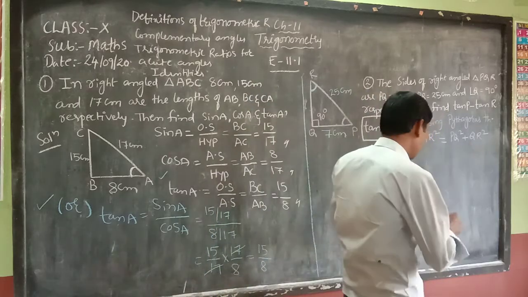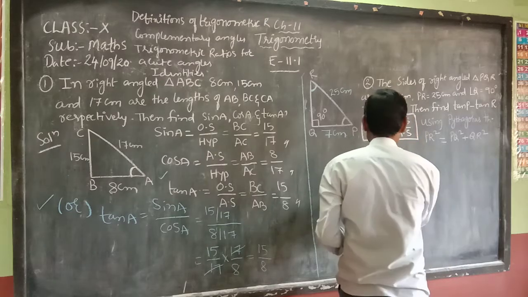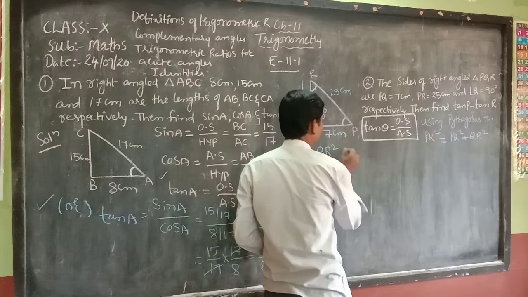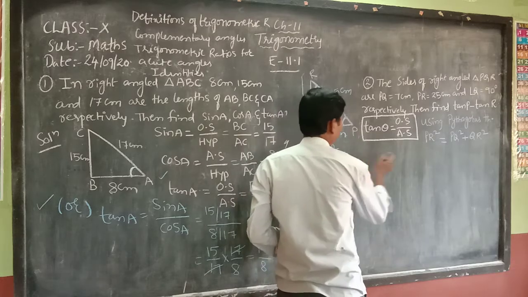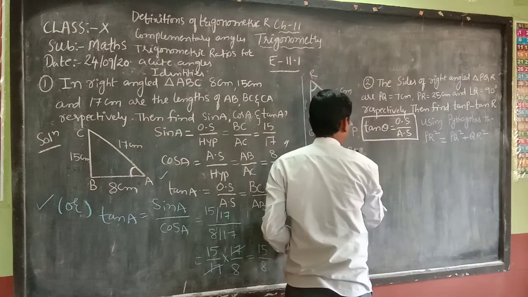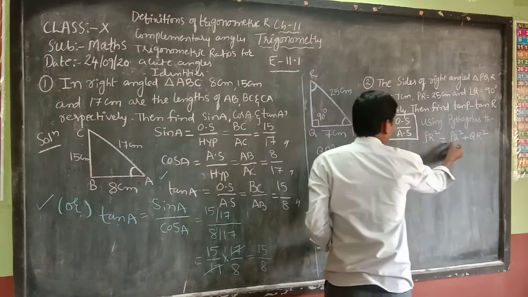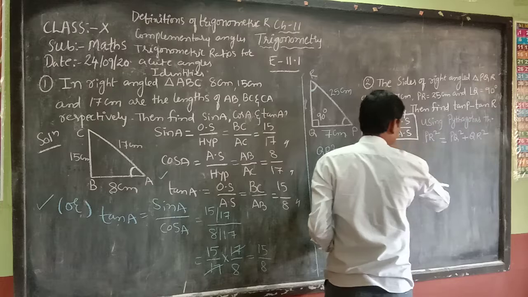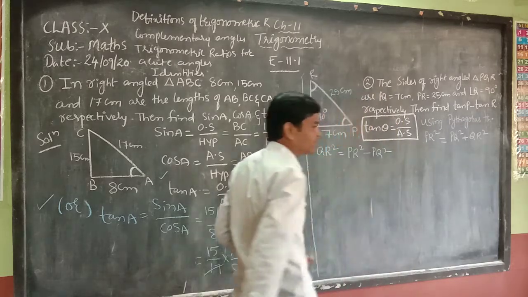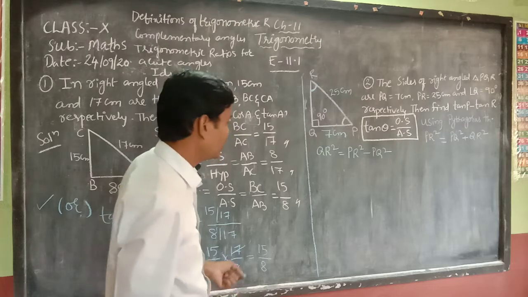So, by transposing, here I am writing QR square is equal to, as usual PR square first. If we transpose PQ square to the other side, minus PQ square.